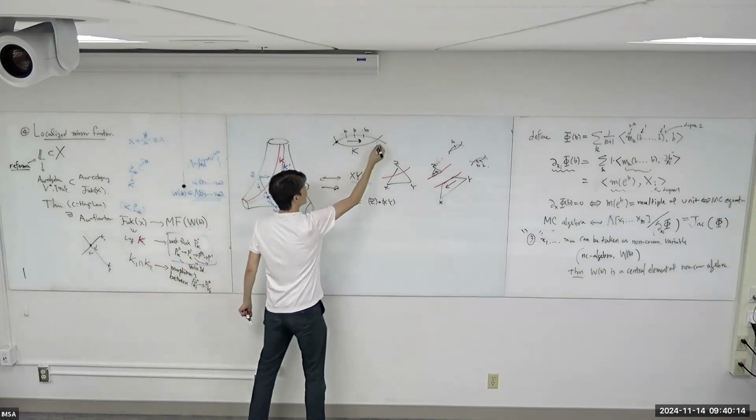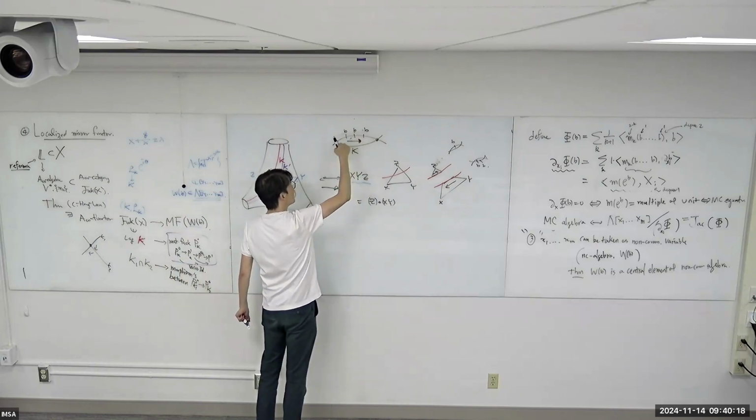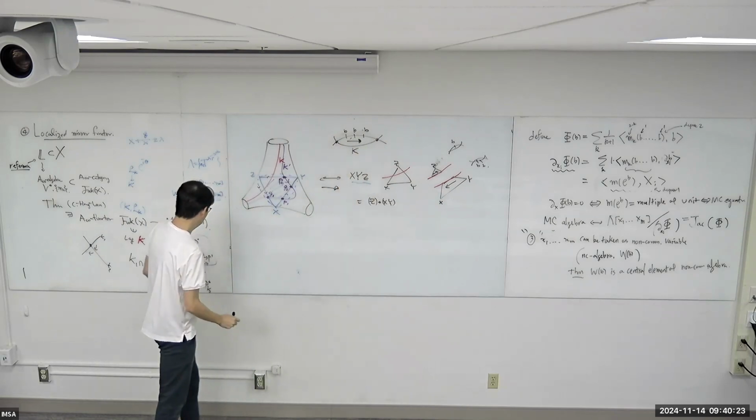So what we're going to do is we count these kind of strips and say that this is a map from some intersection point to another intersection point.